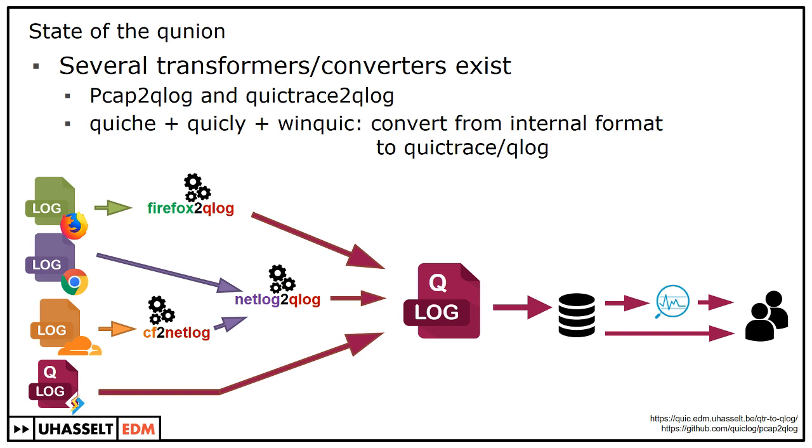I kind of like the approach. It works. It might be a way of getting browser output into a qlog compatible format eventually, as I don't know if browsers will actually be interested in implementing qlog immediately. So it's interesting, it's workable, but I'm a bit afraid about the maintenance burden of these converters, right? You have to keep them up to date as well, and that may or may not be a problem in the end.